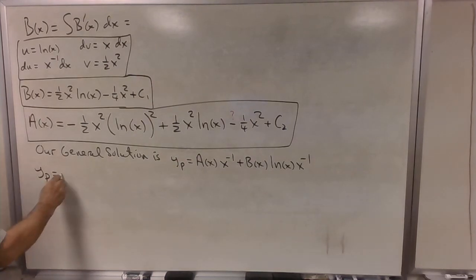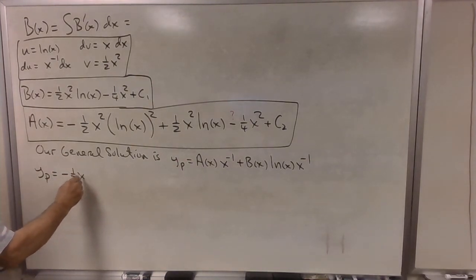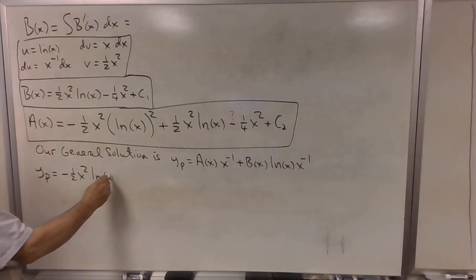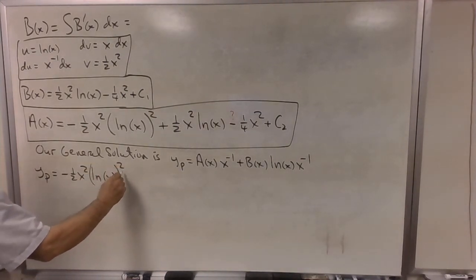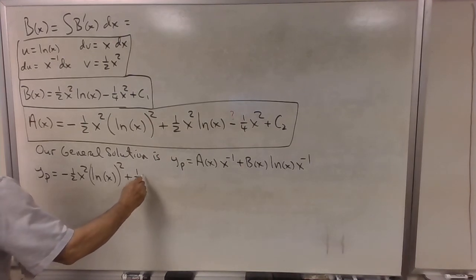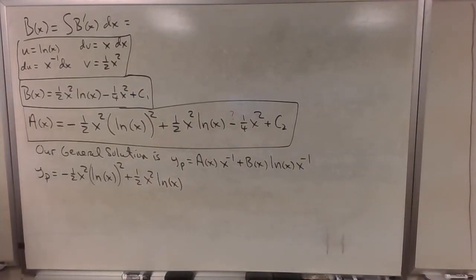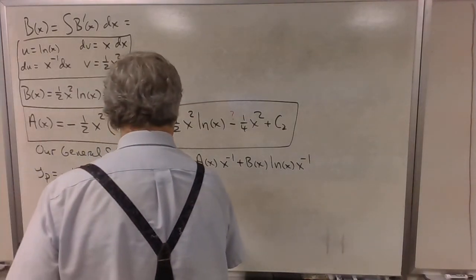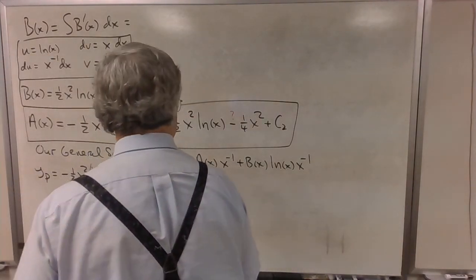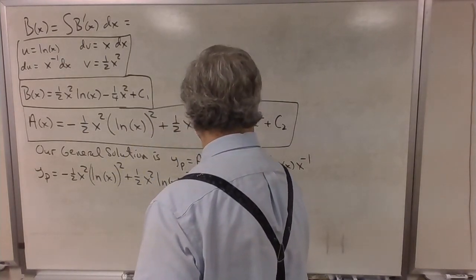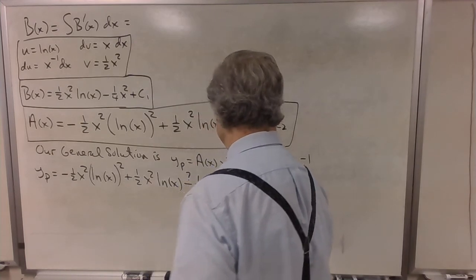A of x, negative 1/2 x squared natural log of x quantity squared plus 1/2 x squared natural log of x minus question mark 1/4 x squared plus c2.